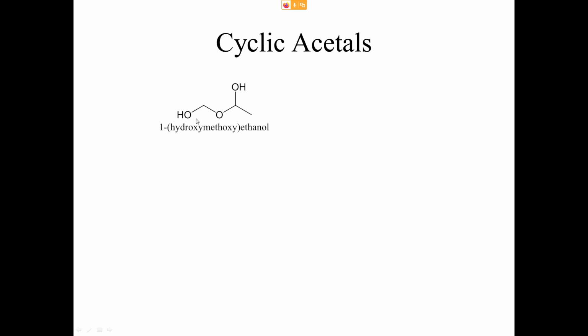You notice this is going away as water. And this carbon is going to make yet another bond to this O. So I'm going to close a ring. There's going to be 2 O's in this ring this time. Okay, so if I rearrange this, draw it slightly differently, same molecule, I've just redrawn it. So this I've flipped upside down. This carbon is that carbon, this carbon is that carbon.